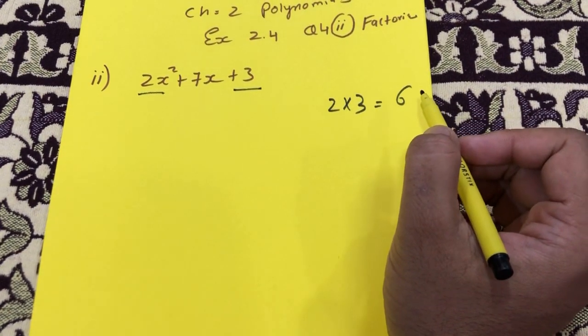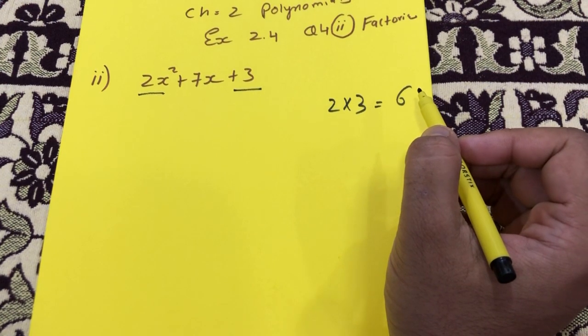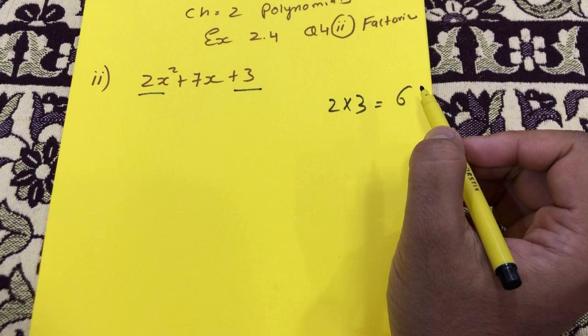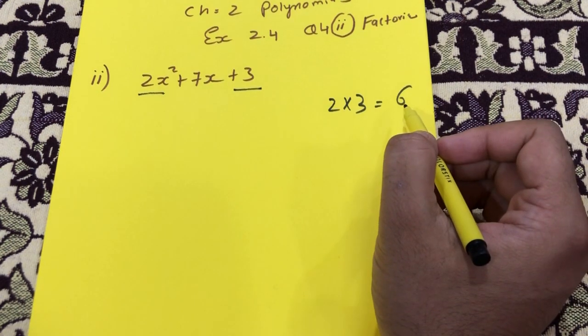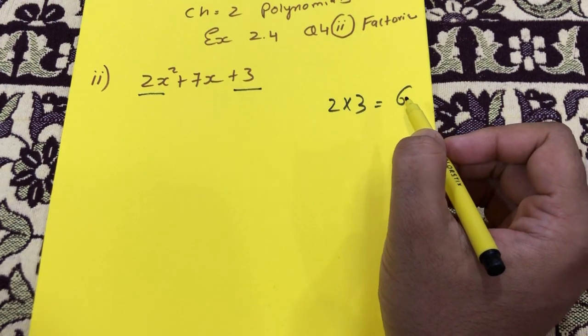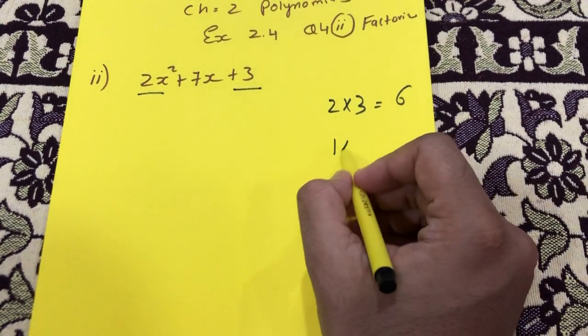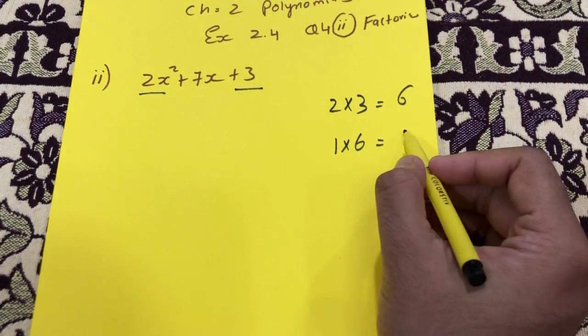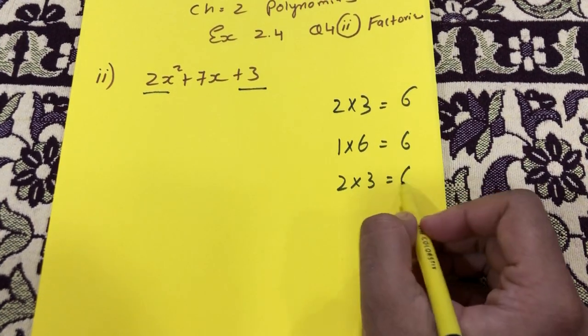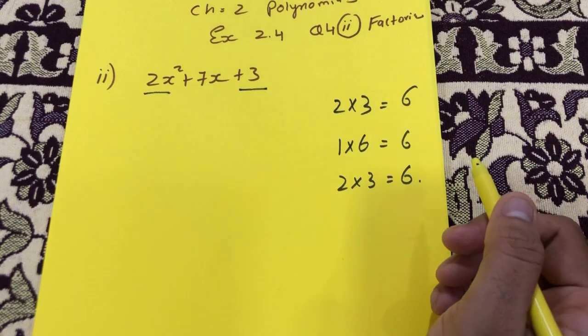Now we have to make factors of 6. How will 6 come? 6 will come as 1 multiplied by 6, and 2 threes will also come as 6.